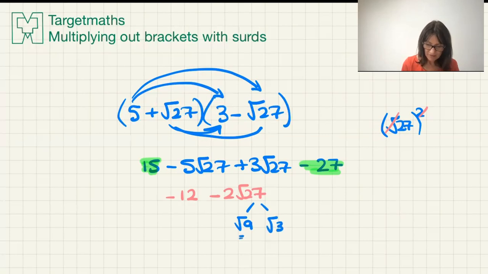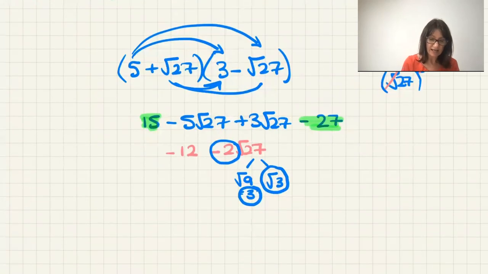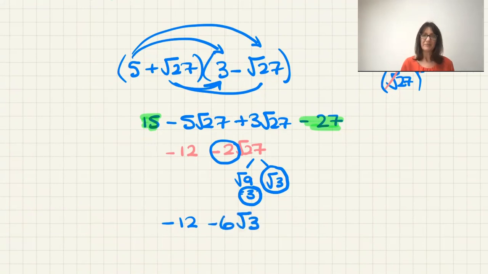That's obviously going to give me 3. So I've got my minus 2 times my 3 times by my root 3, because that root 3 isn't going to go any further than that. And then my final answer is minus 12, minus 2 times minus 3 is minus 6 root 3.